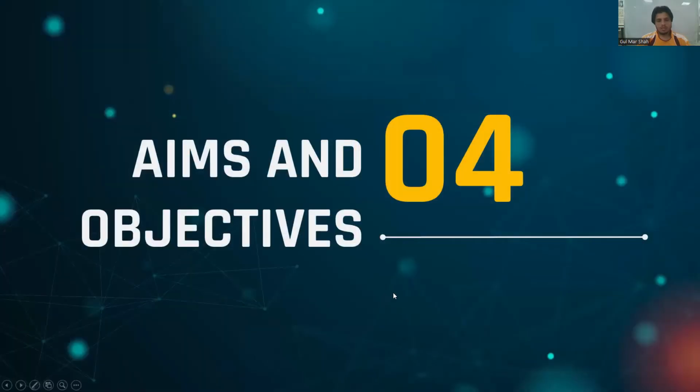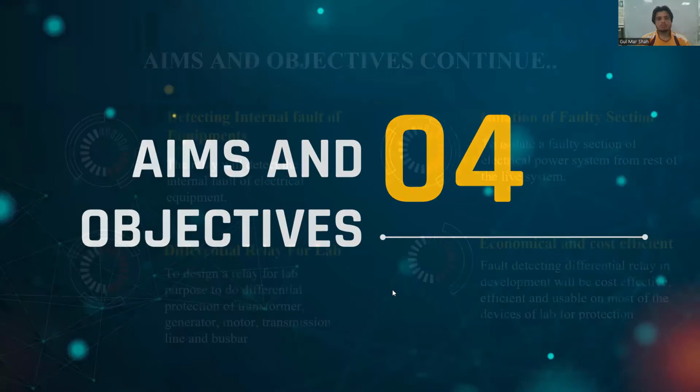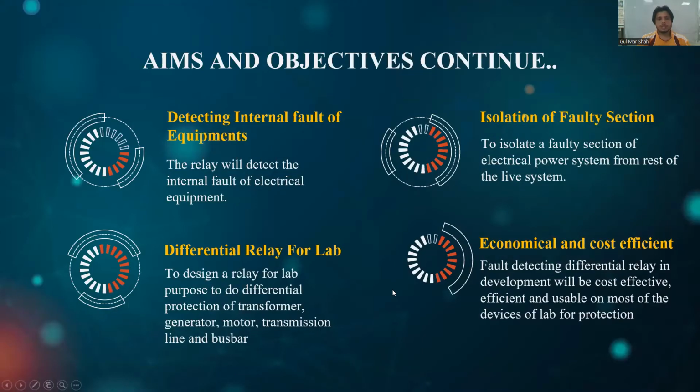Now the aims and objectives of our project were, first, detecting internal faults of equipment. This differential relay detects internal faults in the equipment, and this relay will provide protection to that.